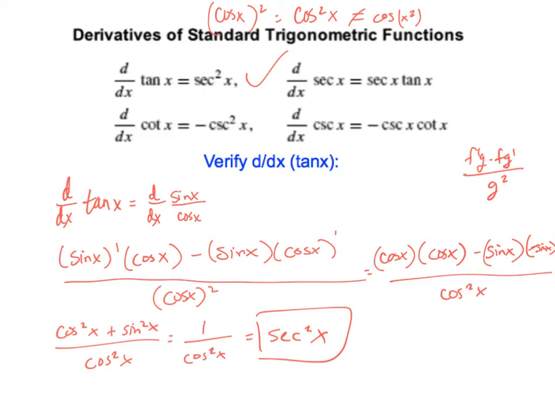So that just confirmed that the derivative of tangent x equals secant squared x. So tan x goes to secant squared x, secant x goes to secant x tan x, cotan x goes to negative cosecant squared x, and cosecant x goes to negative cosecant x cotan x.